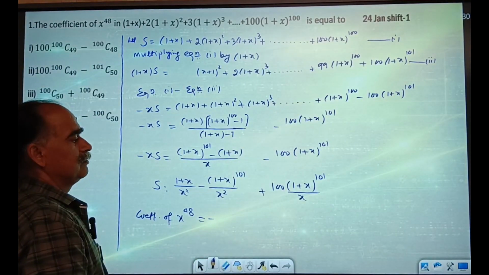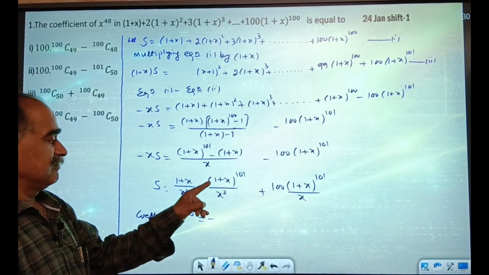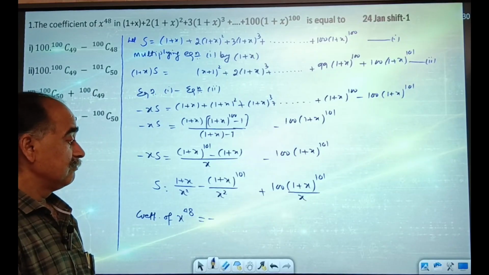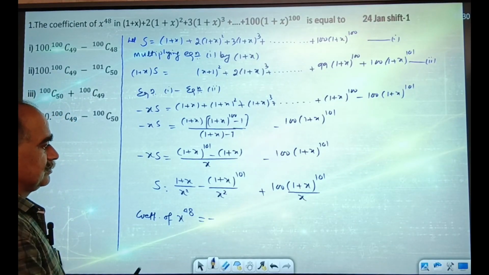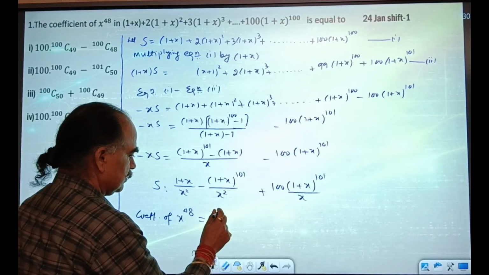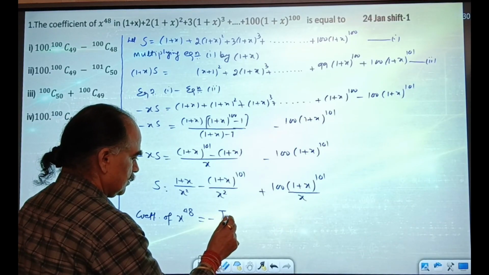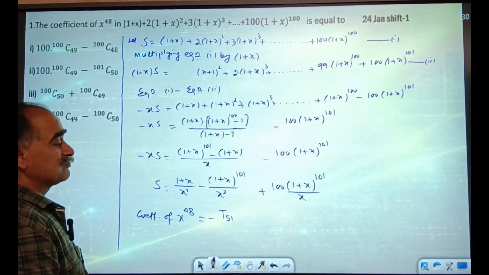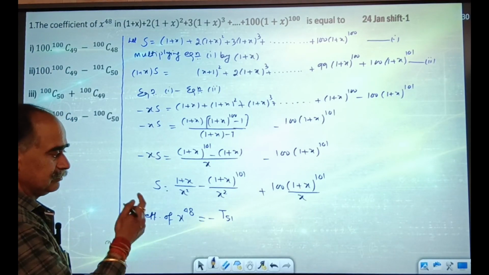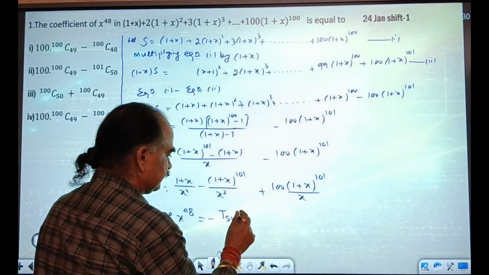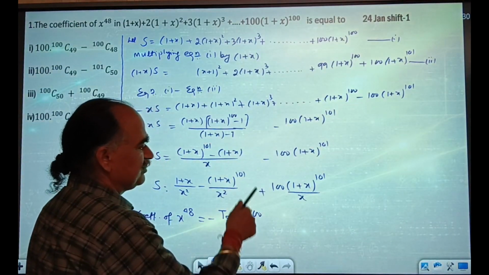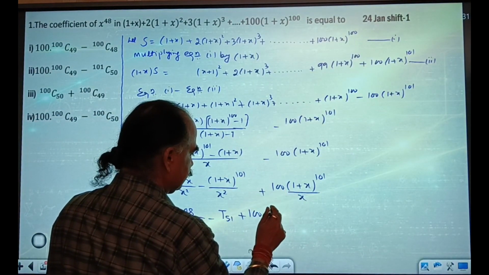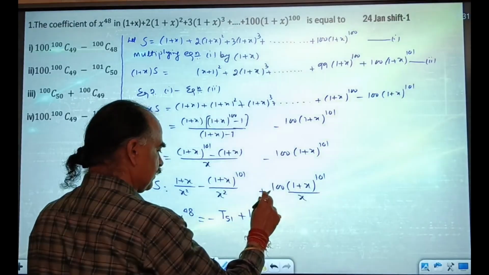So the coefficient of x raised to 48 is what? Minus, the 48th term will contain 47, the 49th will contain 48, 49, 50, 51. So T51, because upon x square is there, no? So the 51st term will contain x raised to 50, upon x square will give you that, plus 100 times which term will contain 49th? T49, 49 will contain for this T50.